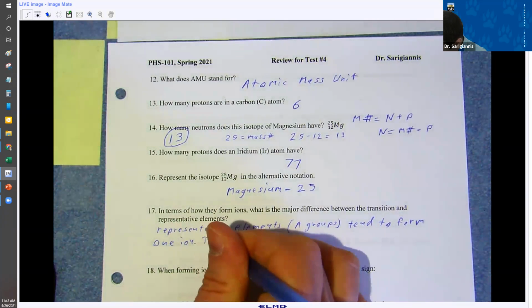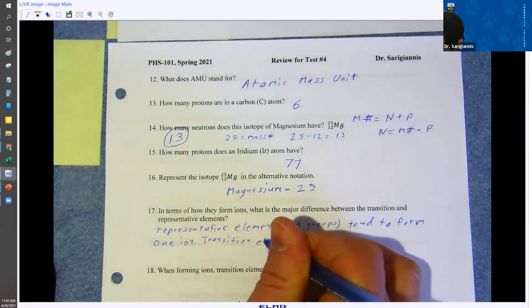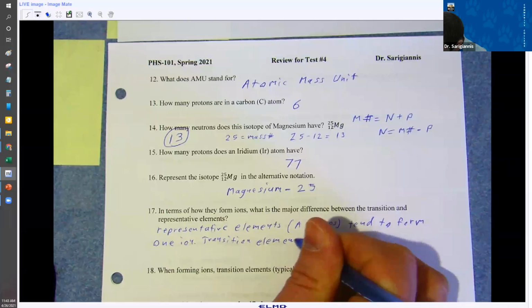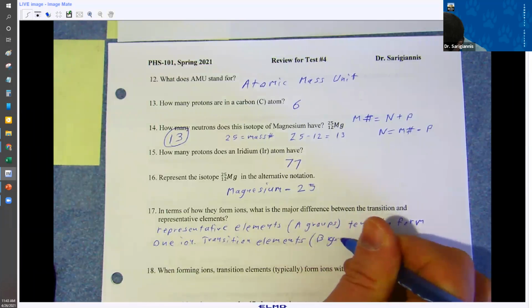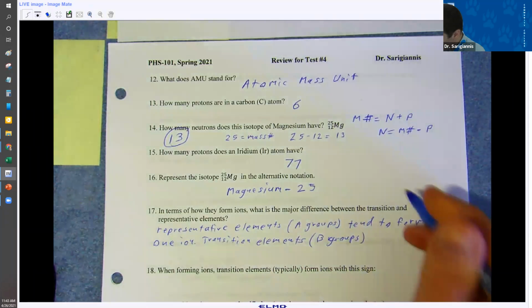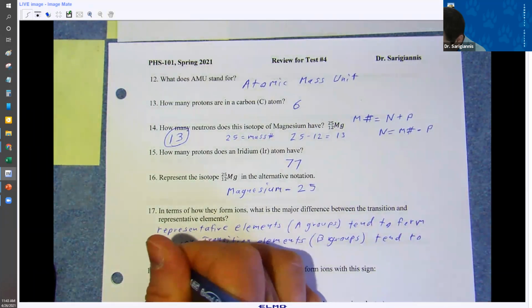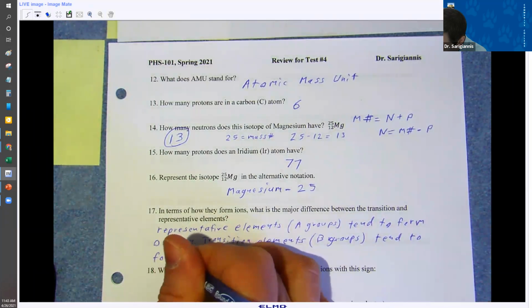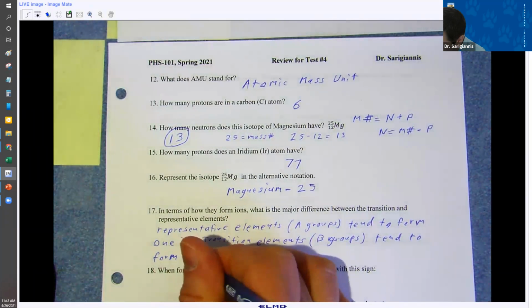Transition elements, these are the B groups, tend to form more than one kind of ion.